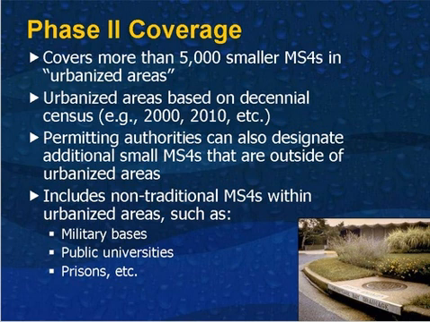And then, as we were just talking about, it also includes what we call non-traditional types of entities, including military bases, public universities, and prisons. If they're located in the urbanized area, they are subject to the permitting requirements, as well as the traditional cities and towns in the program.